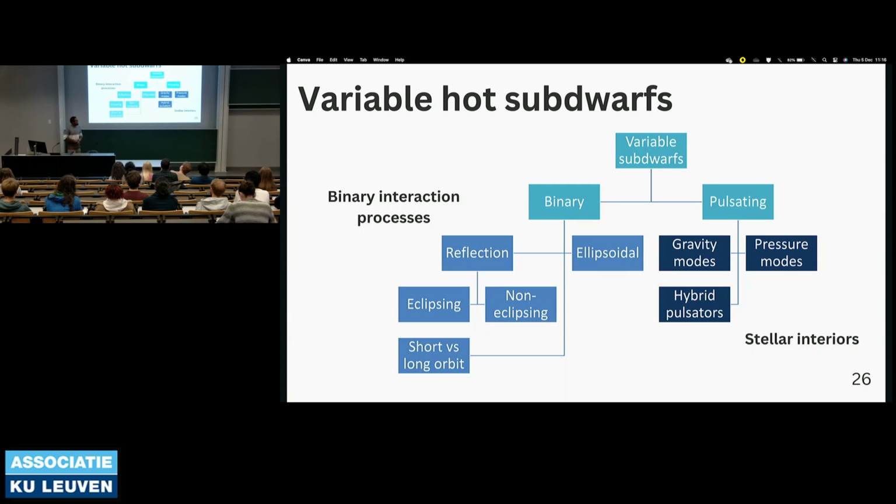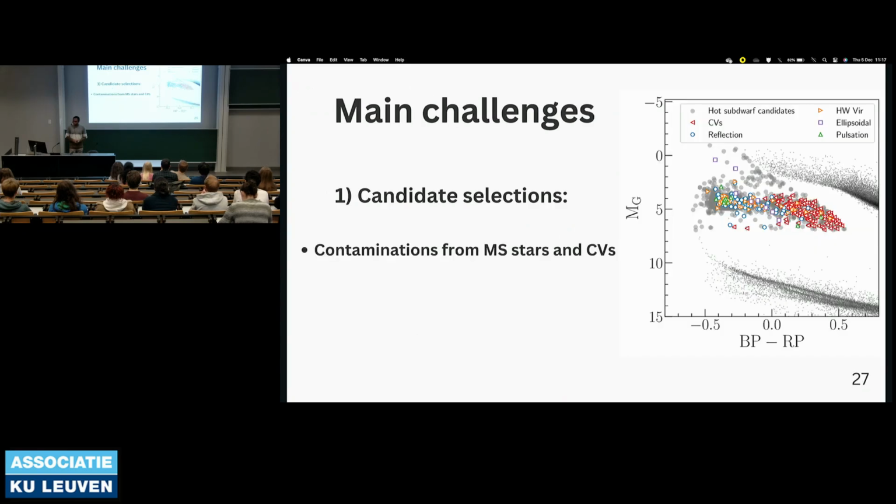This is because hot subdwarfs exhibit diverse types of variability, such as ellipsoidal variation and the reflection effect for the binaries, while pulsating hot subdwarfs can exhibit gravity modes or pressure modes, and some can be found as hybrid pulsators.